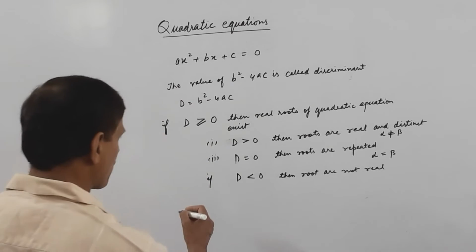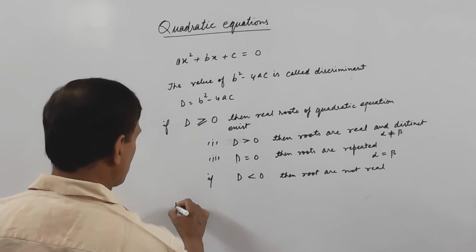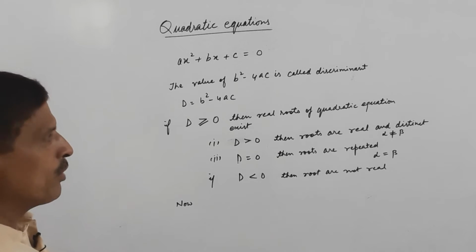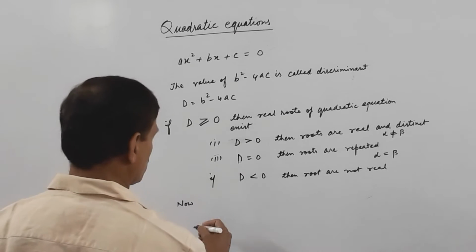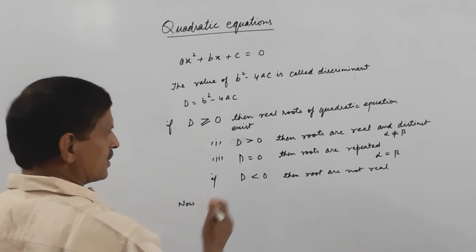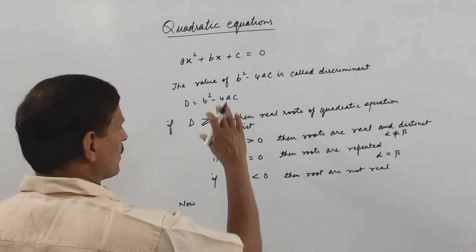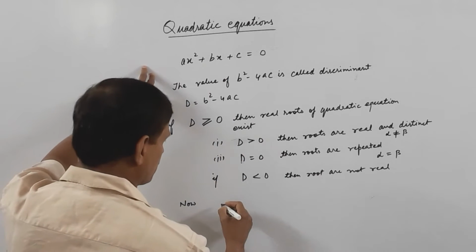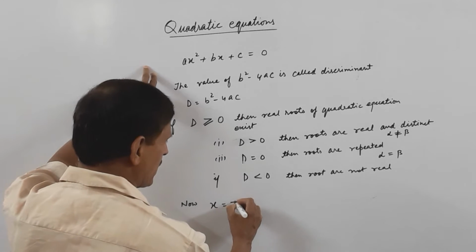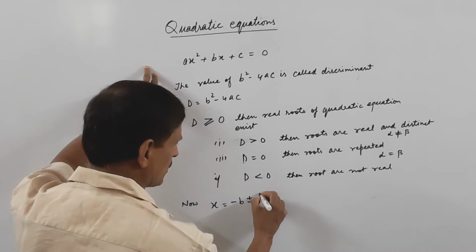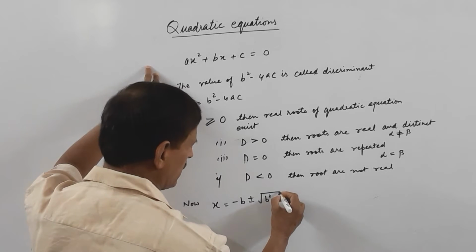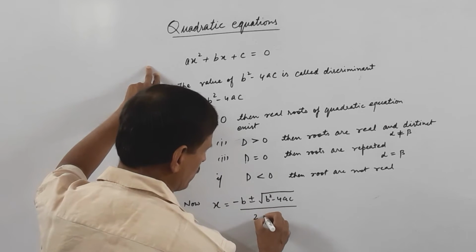Now we can use the quadratic formula to calculate the roots of the quadratic equation. So x is equal to minus b plus minus root b square minus 4ac upon twice of a.